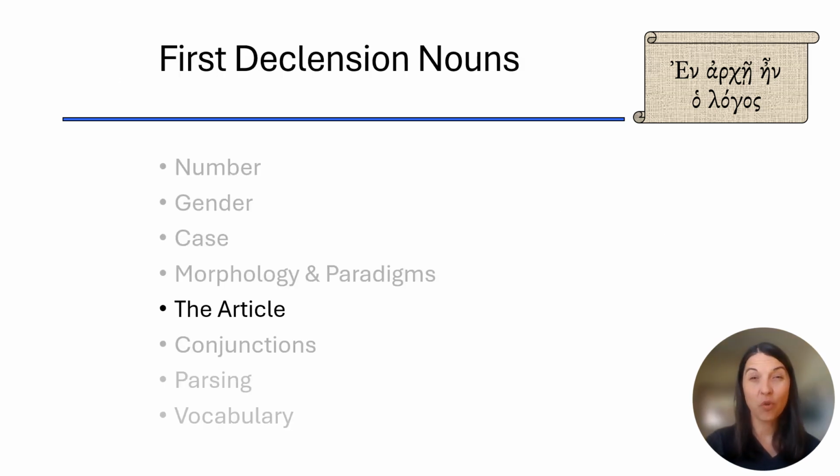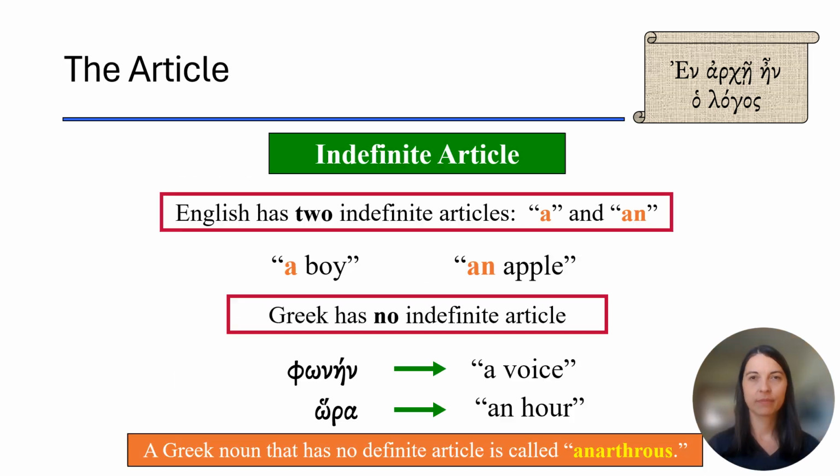So now let's talk more about the article itself. In English, we have definite and indefinite articles. However, in Greek, there is no indefinite article. So there may be a noun on its own without any definite article. And for these, you could translate it as a or an.